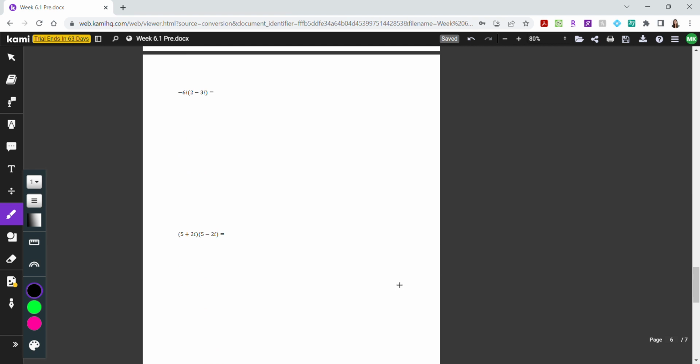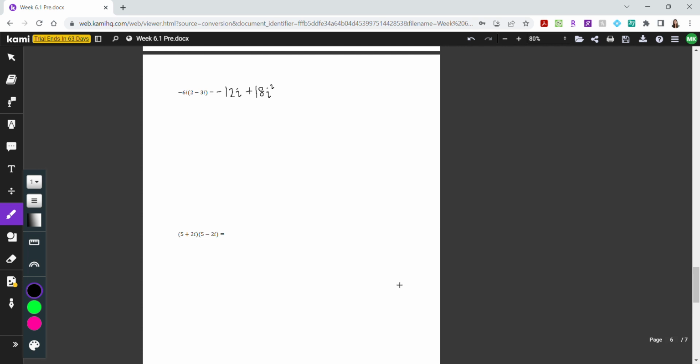Now on to multiplying complex numbers. Again, you want to treat them like binomials and use FOIL. All right. So for the first question, let's look. We're going to do negative 6i times 2, which is going to give us negative 12i. And then negative 6i times negative 3i is going to give us positive 18i squared.